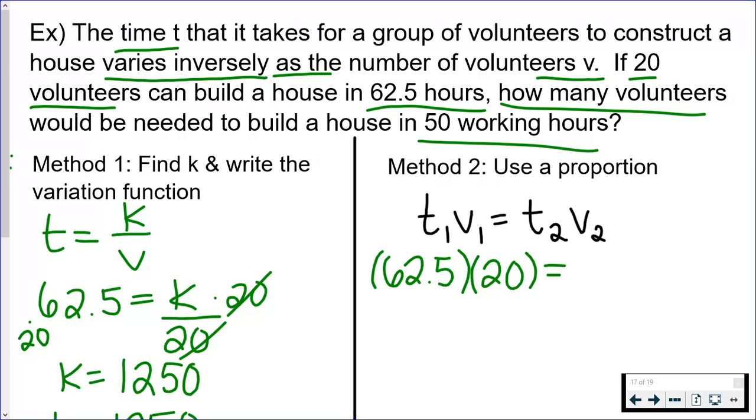So make sure those go together. On the other side, we don't know the volunteers, but we know the time, so that's my T2 and my V2. And then you multiply and you divide and you solve for V, and you will get the same thing that we got in the first method.